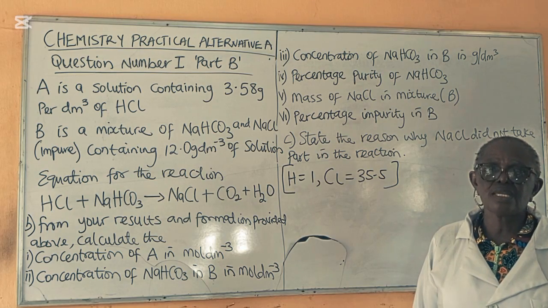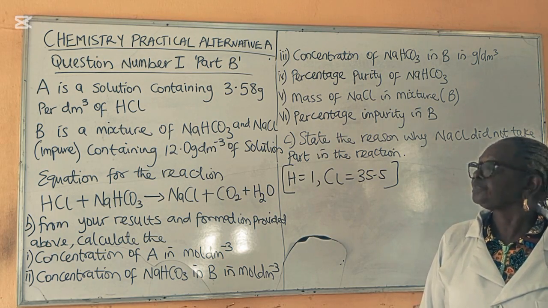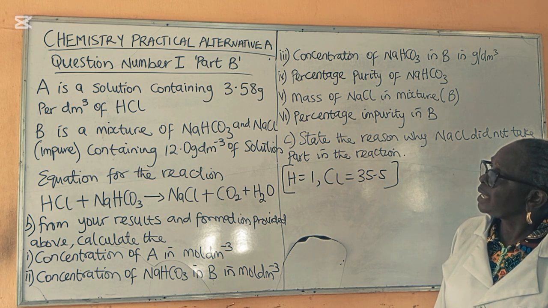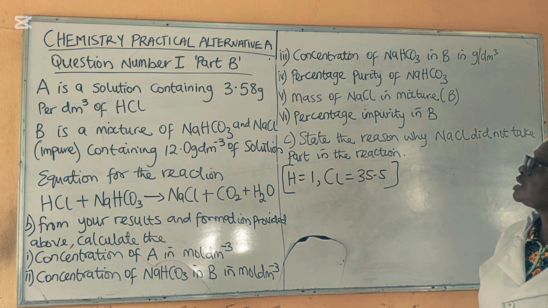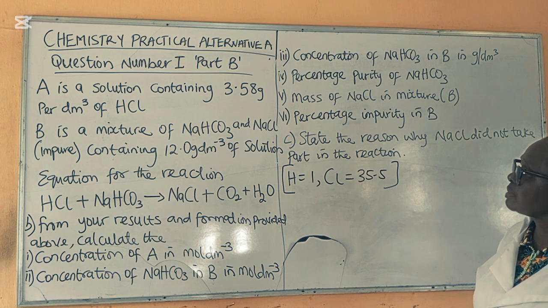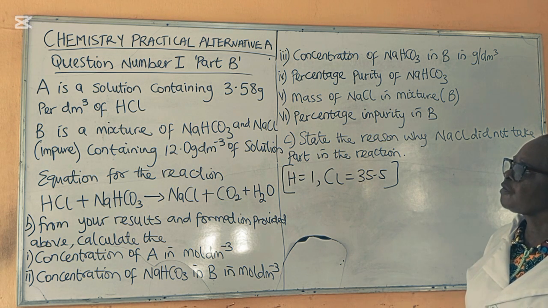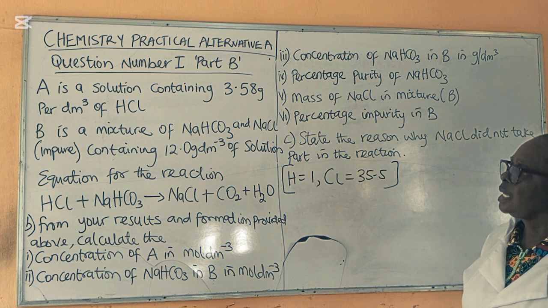Welcome to part B of question number 1. The question is already there. This time A is a solution containing 3.58 grams per dm³ of HCl.